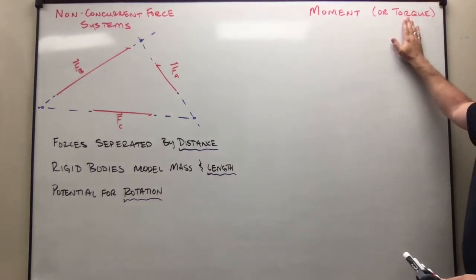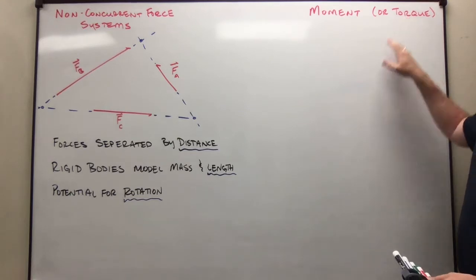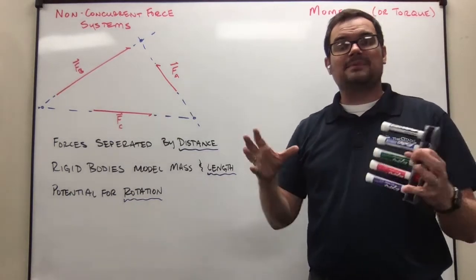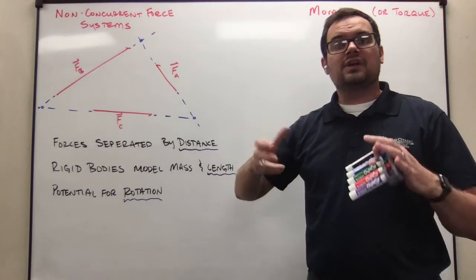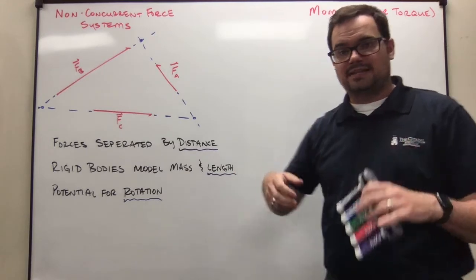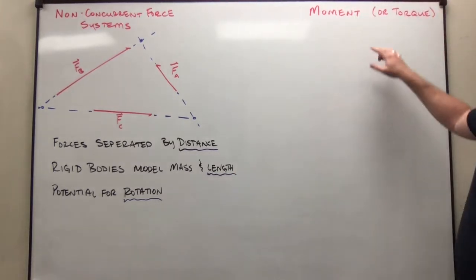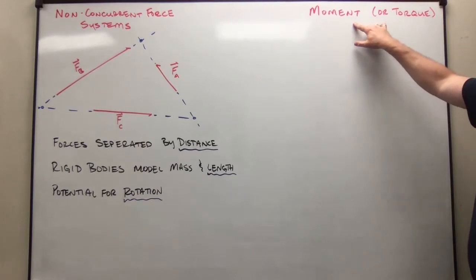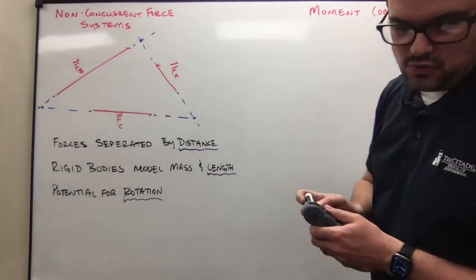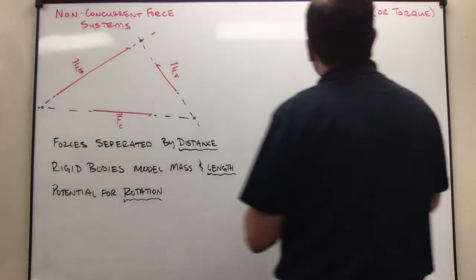You might know it as torque, especially my mechanical engineers. Typically, we think of moment as causing something to bend or to flex, whereas with torque, we're looking at a twist along the axis, but it's functionally the same process.